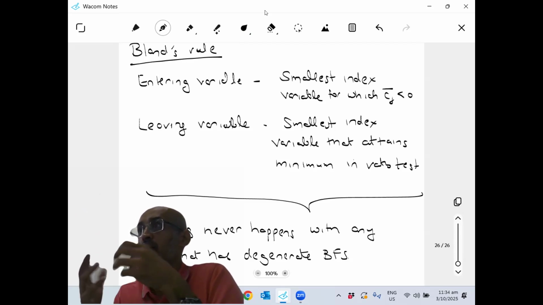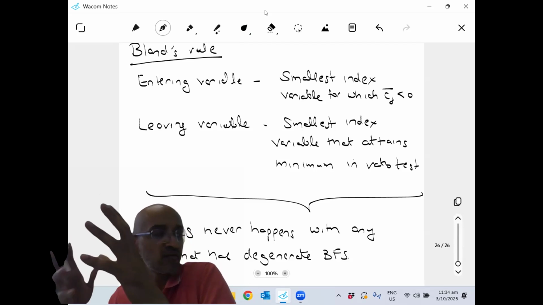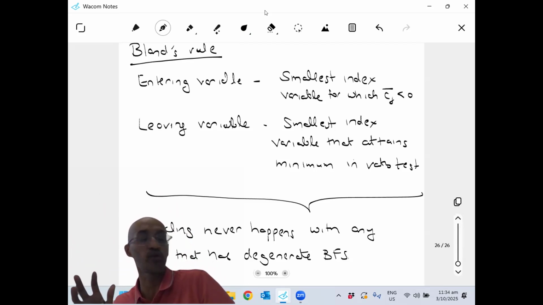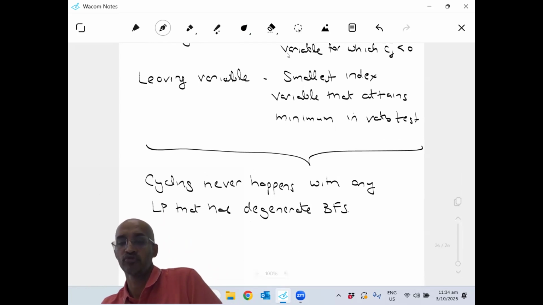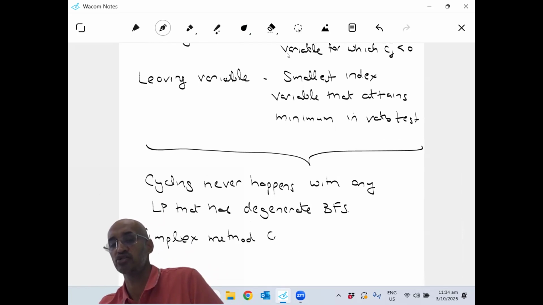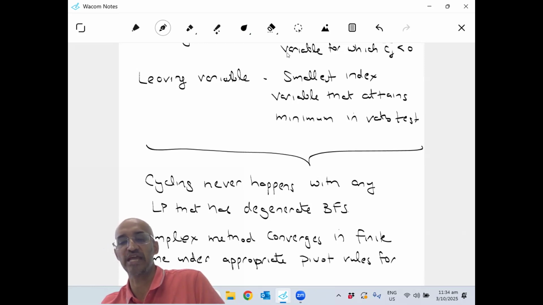People who study optimization have thought about this carefully, and this was developed many years back. They've studied it, tested it out and proved it, but we won't do this proof here, we won't have time for it. But the point is, the simplex method converges in finite time under appropriate pivot rules for essentially any LP.